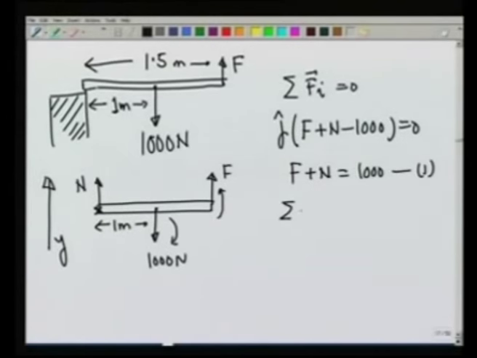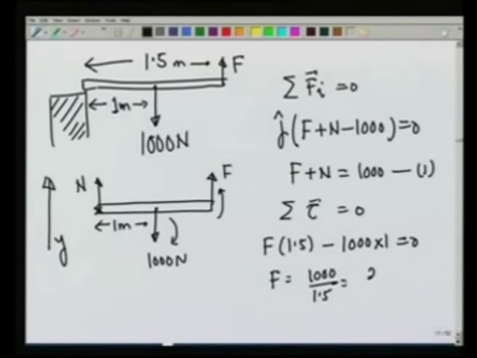So, if I write summation tau is equal to 0, since all the torques are in the same direction, up or down, I can straight away write this as F times 1.5 minus 1000 times 1 should be equal to 0, or the force is 1000 over 1.5, which is 2000 over 3, or 667 newtons approximately. So, you see, this is how I am going to apply the condition for equilibrium for the force and the torques.